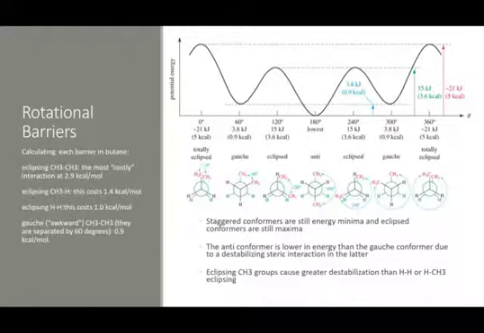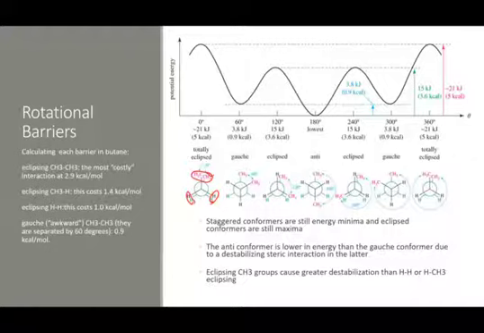So when we have a methyl group and a methyl group completely eclipsing each other like this, and the hydrogens completely eclipsing each other as shown, this version is the highest energy conformation. This is the conformation that is least stable and highest energy. And that's because it's where the two methyl groups completely are eclipsing each other and interacting with each other.